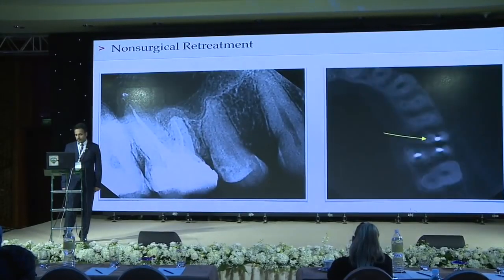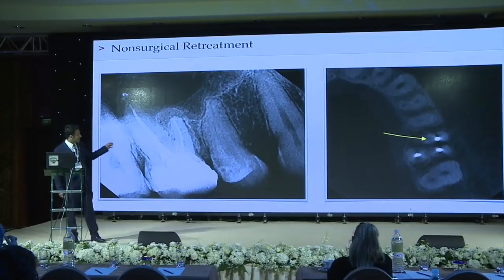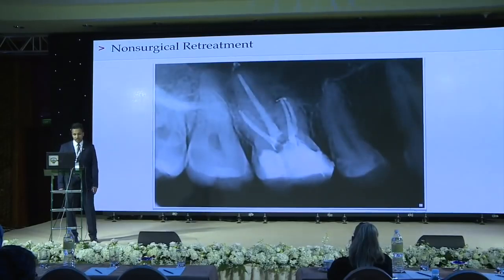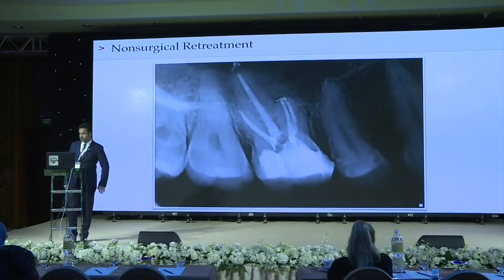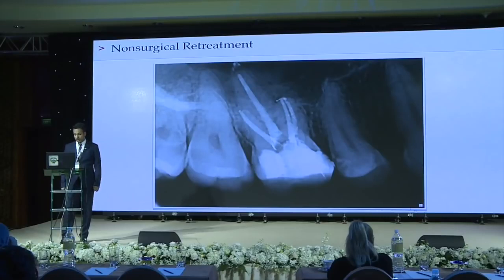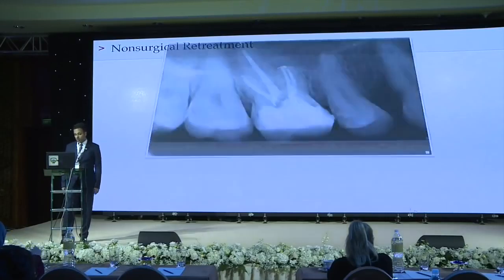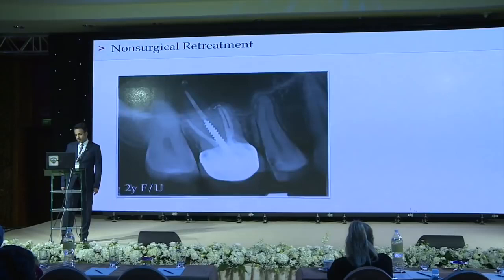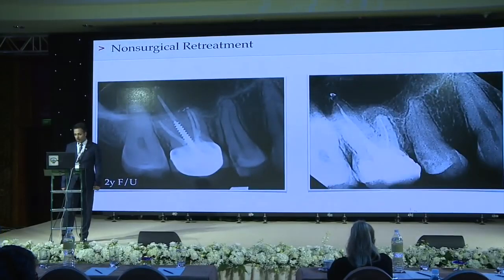Now, this is a case where I found a mesiobuccal lesion with the mesiobuccal root, and we confirmed that there is a missing canal based on the CBCT. I did the retreatment, and I found the MB2. So that healed after 2 years, not completely healed, but in the process of healing.